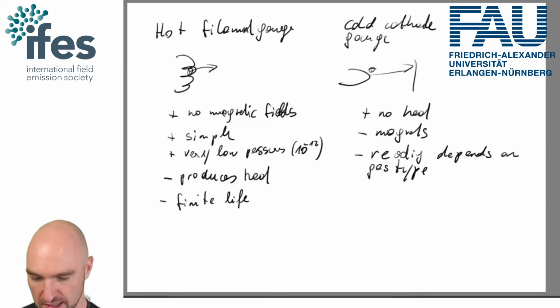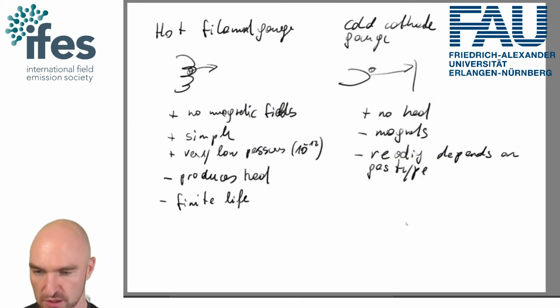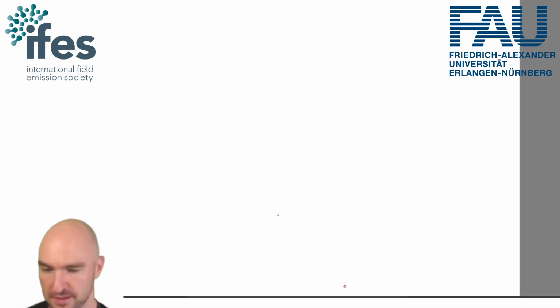Okay, so then let's go to the hot cathode gauges. And the hot cathode gauges that we are using these days are almost exclusively so-called Bayard-Albert types.